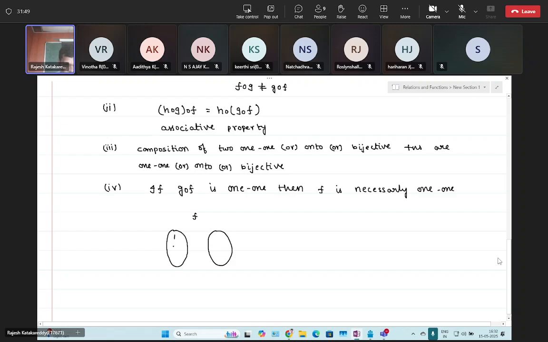So this is 1, 2, 3, and we have A, B, C, D. This side one more set we will define: P, Q, and R. This is g. f is defined from A to B, g defined from B to C. So randomly 1, 2, 3 mapped. Again 1, 2.